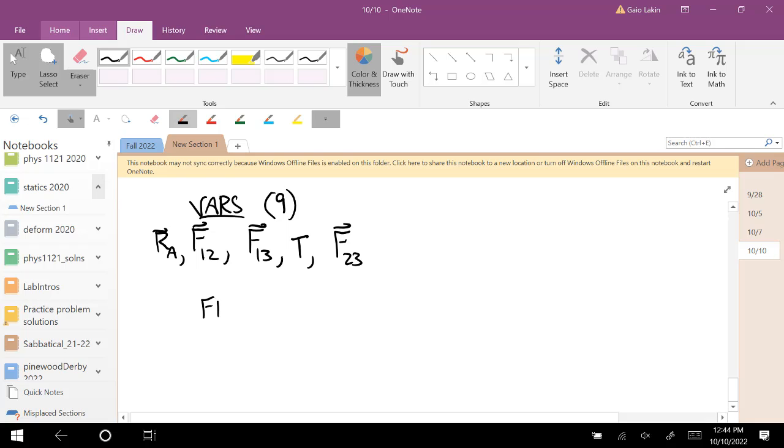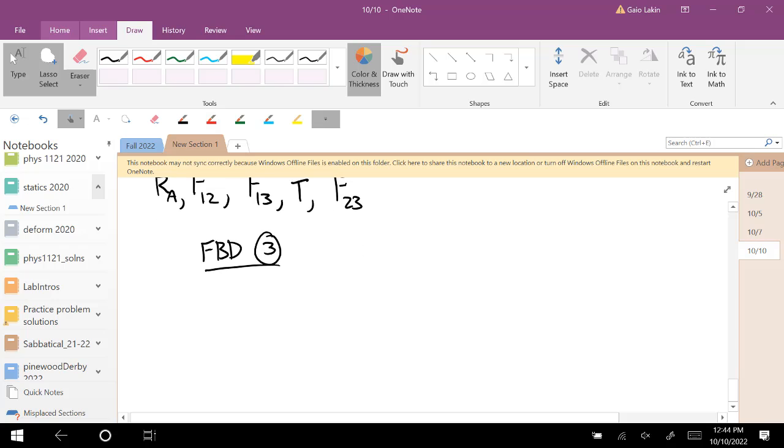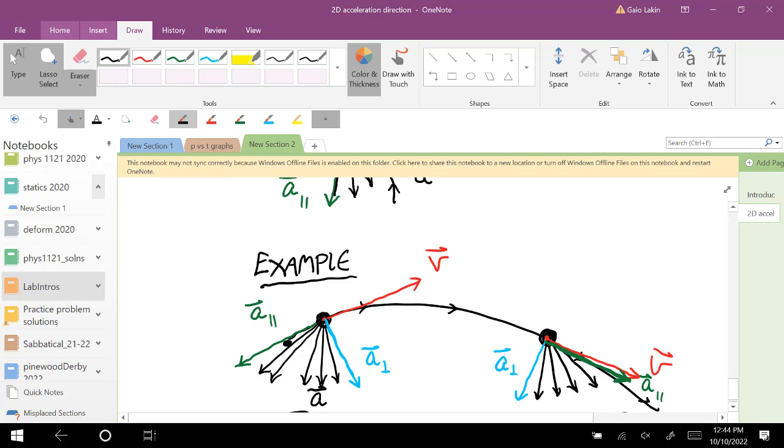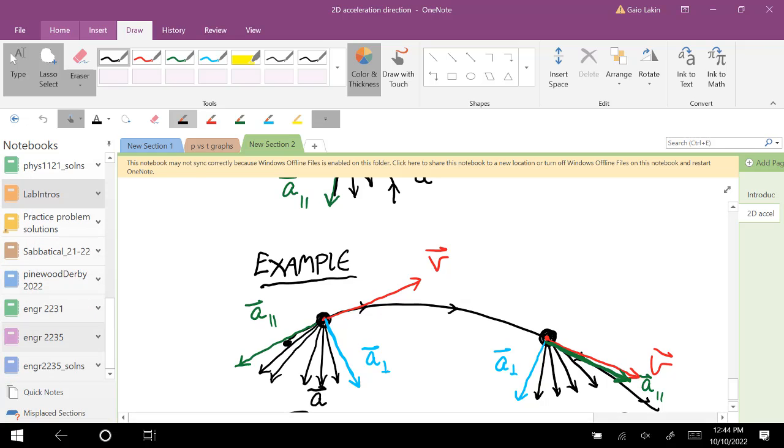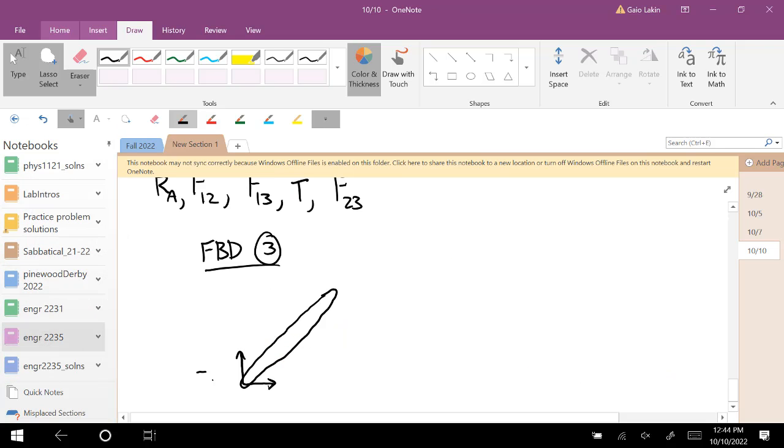So, okay, free body diagram of body 3. So down here, this is a contact with body 2. So that's the force on 3 by 2. But we already have F23, so I'm going to call it negative F23.